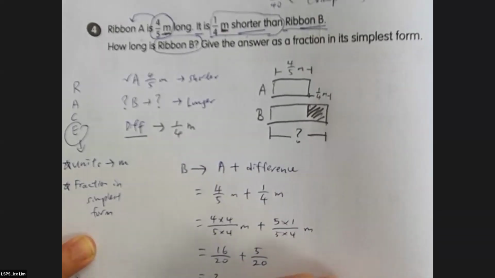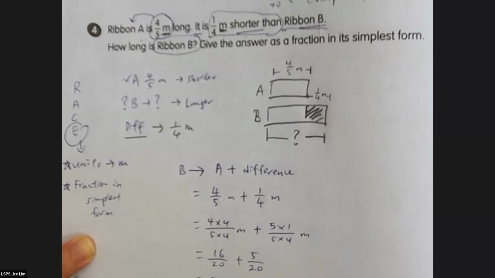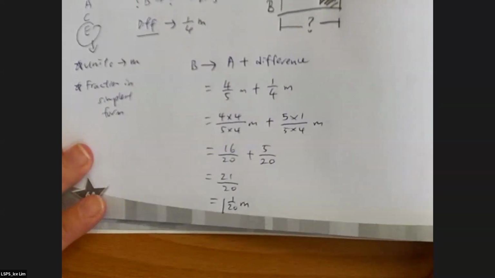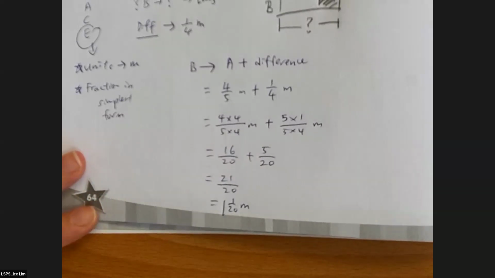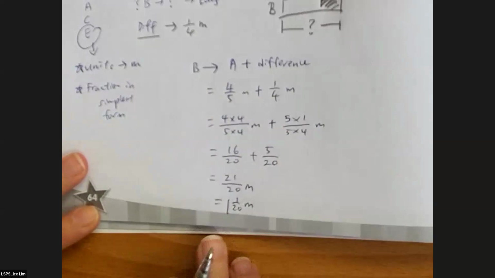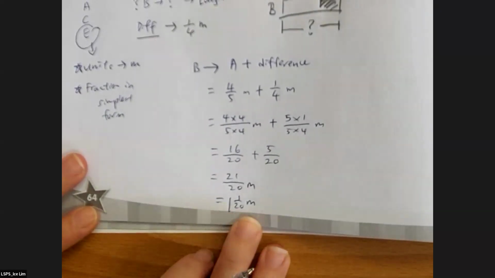So it's 21/20. So it should be 1 and 1/20. You wrote 21/20, that is also acceptable, either 21/20 as an improper fraction. Yeah, 1 whole and 1/20 meter.